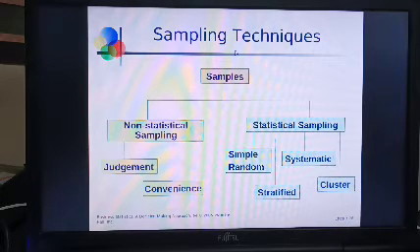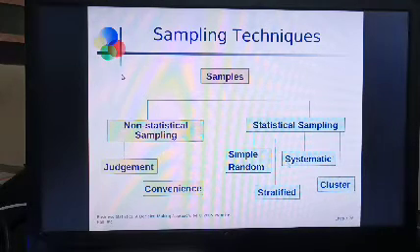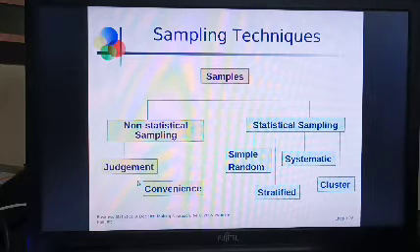Now, talking further about sampling techniques, there are statistical sampling techniques. These ones at the right: simple random, systematic, stratified, and cluster sampling. But there are also non-statistical sampling, such as judgment call and convenience sampling.